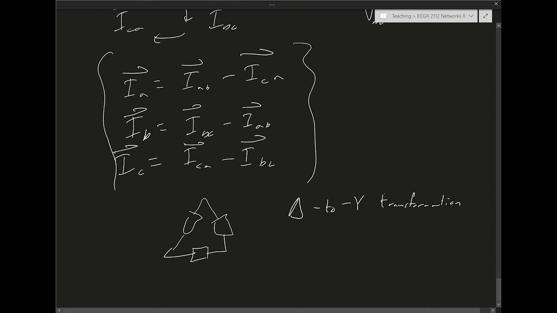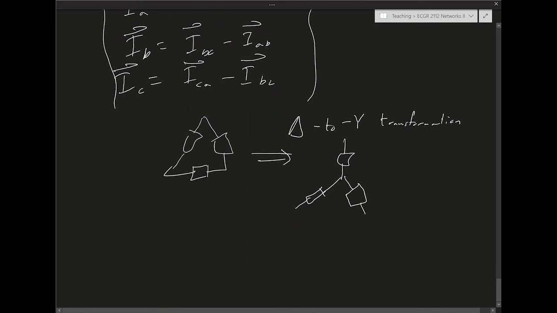So we can convert this into a Y load essentially. And we will find that we can do that for the balanced case only, right? For the balanced case, the equivalent ZY is going to be 1/3 Z delta.